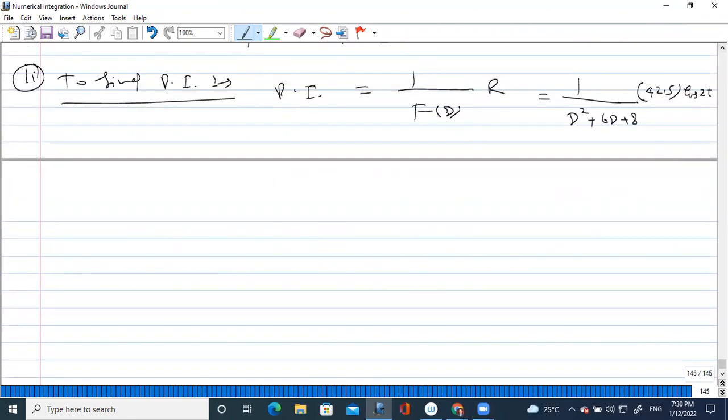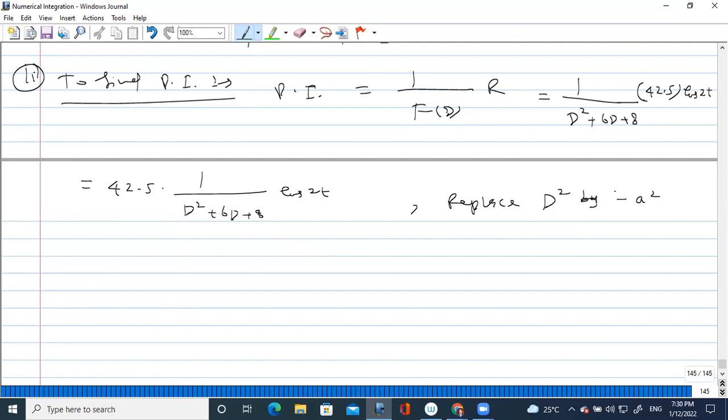Now see, 42.5 is a constant, into 1 by D square plus 6D plus 8 on cos 2t. So I already told you, if it is cos ax or sin ax like that, it will work only on D square. So here you have to replace D square by minus a square.